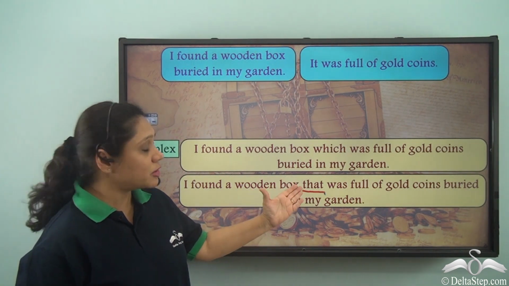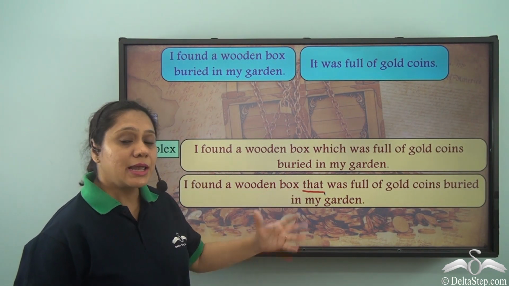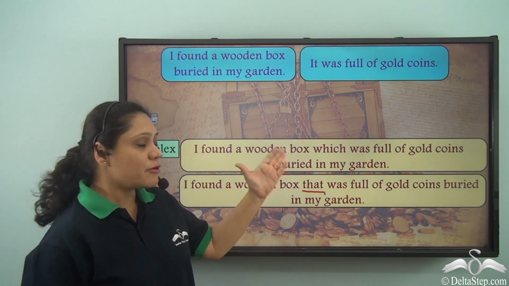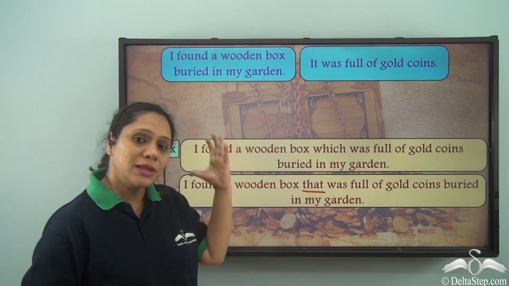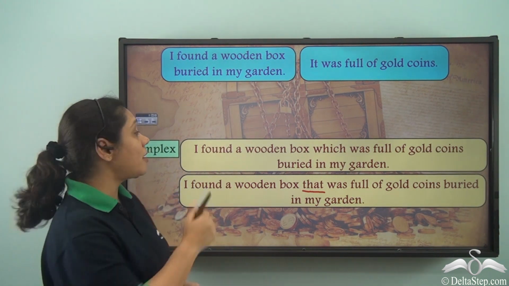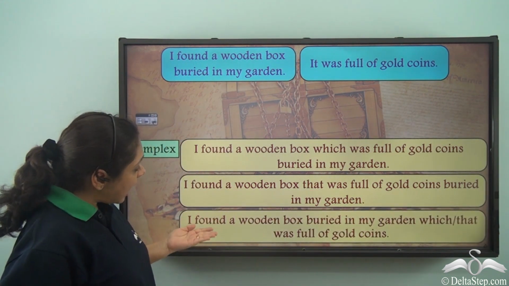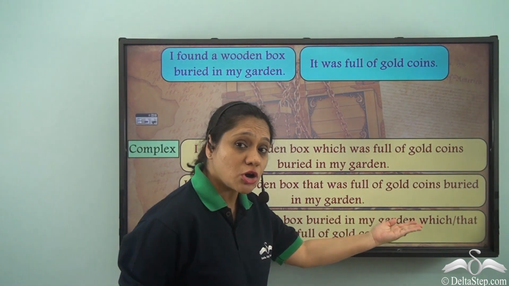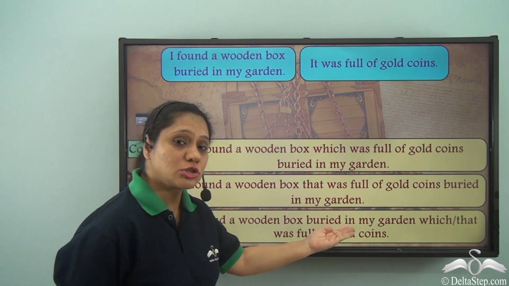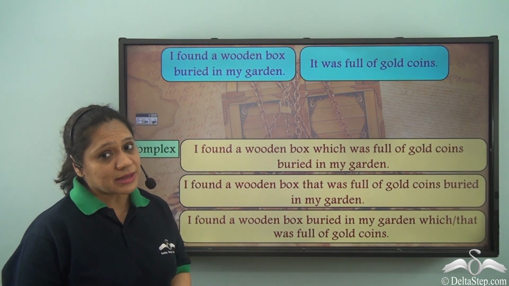So, here we have used the relative pronoun that in place of the relative pronoun which. Now, if you say that I can join both these clauses and write a complex sentence, I found a wooden box buried in my garden which or that was full of gold coins, will it be correct?